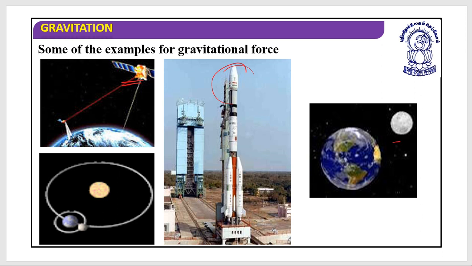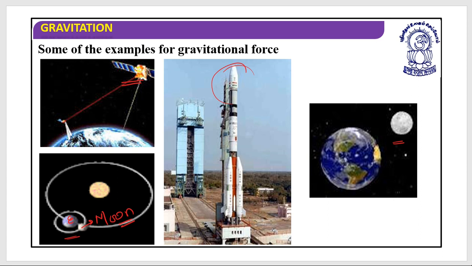You can see that the moon is rotating around the earth. Why? Due to gravitational force. In this image you can see that the earth is rotating around the sun, while the moon is rotating around the earth. This is possible because of gravitational force itself.